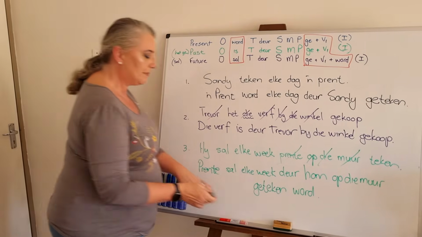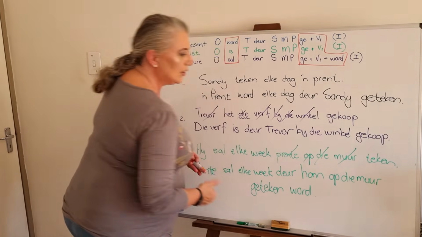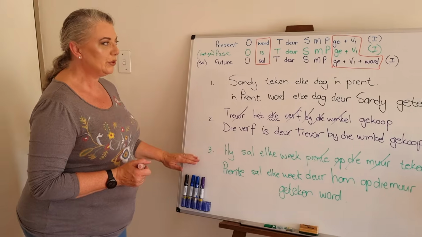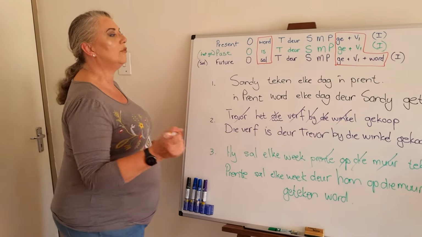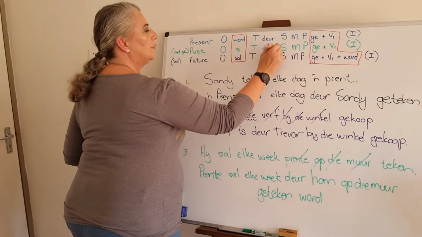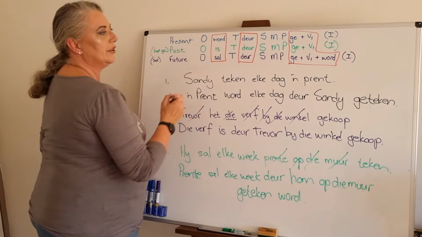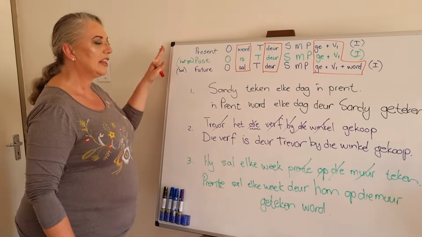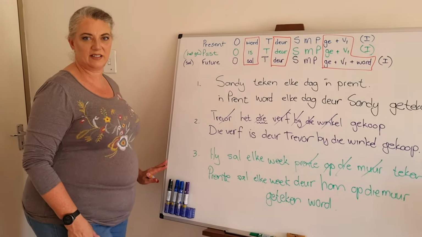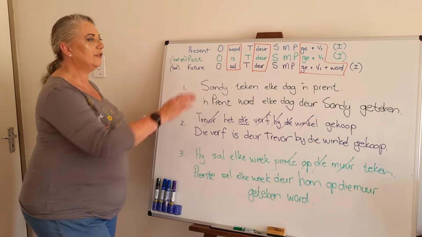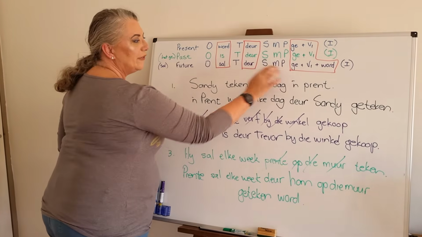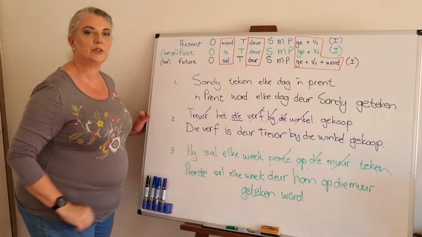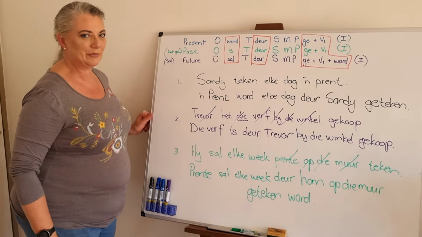Remember, the best way to do this is to write your formula. Do not forget to add deur. These are simple sentences. And if you follow the formula, you should be able to do this without a problem.